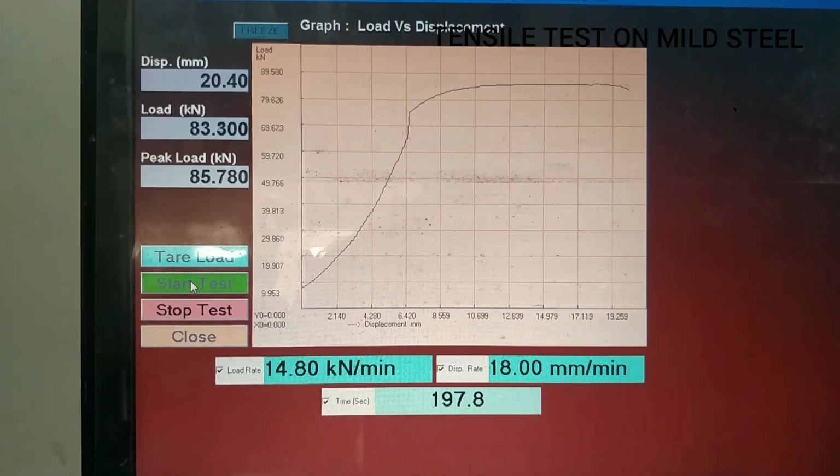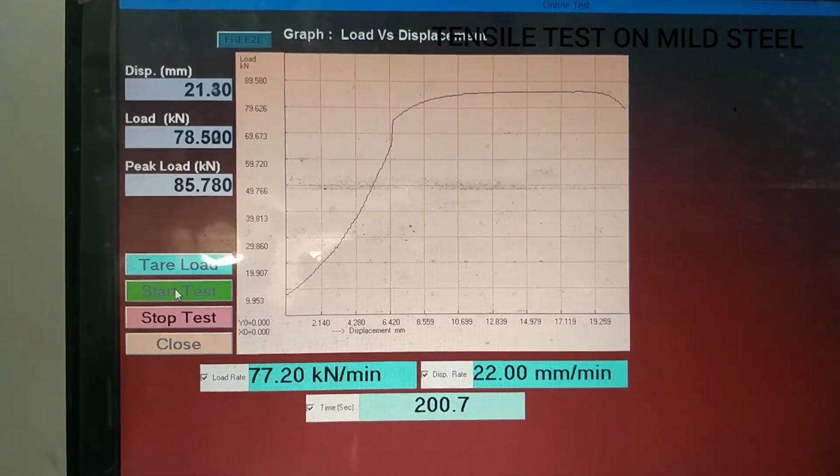See, 85.78 kN is the maximum load reached and the load is reversing down.